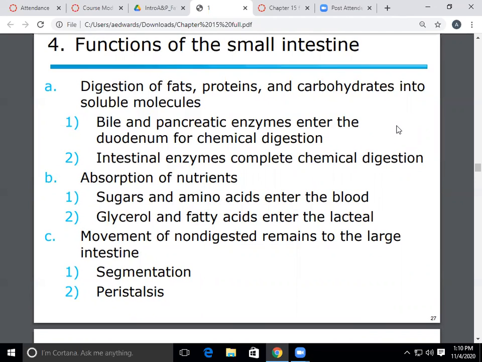Other intestinal enzymes will help complete the process of chemical digestion. You can also absorb nutrients, which is another function of the small intestine. Molecules like sugars and amino acids will enter your bloodstream. Glycerol and fatty acids will enter through the lacteal.